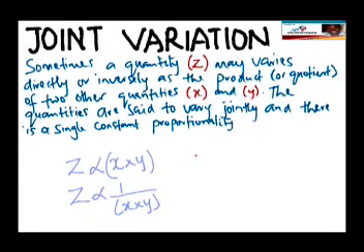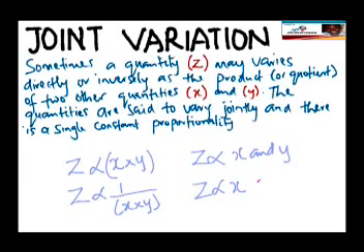You can take another example that says z varies as x and y, or you can say z varies as x and inversely as y. Whichever way you go, you are having a joint variation in the sense that it's combining two quantities.